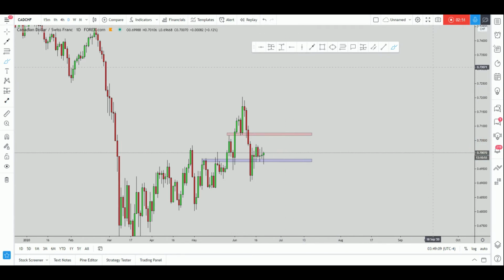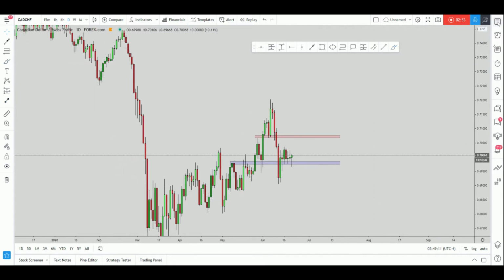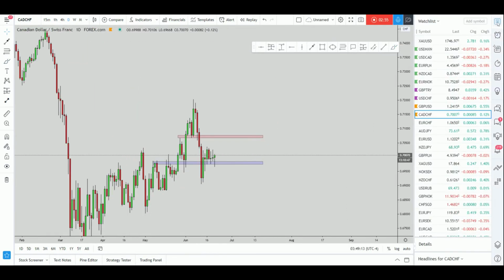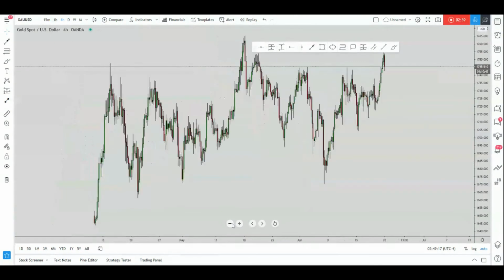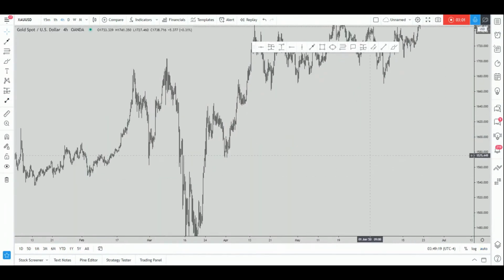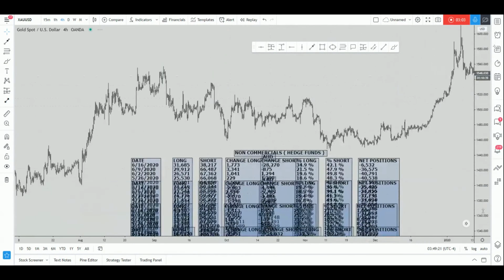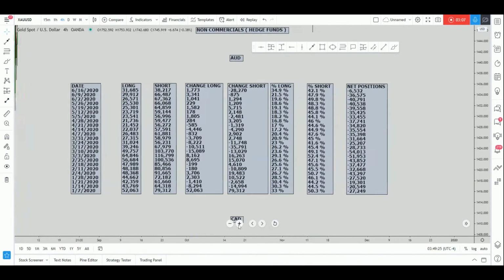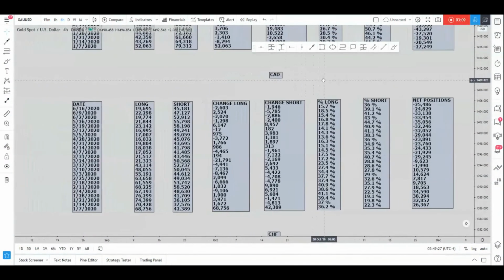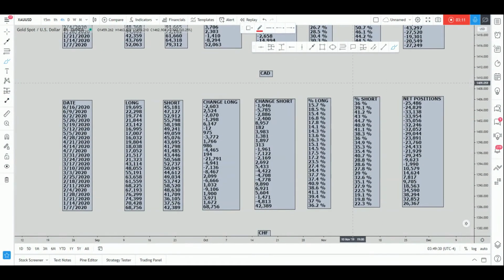But first, before showing you how we can be looking for a capitalizing opportunity on CAD CHF, let's go and see what kind of situation we have from a CAD and CHF perspective if we look at the COT data, so the Commitment of Traders, what big banks and institutions are currently doing on the CAD and what they're currently doing on the CHF.